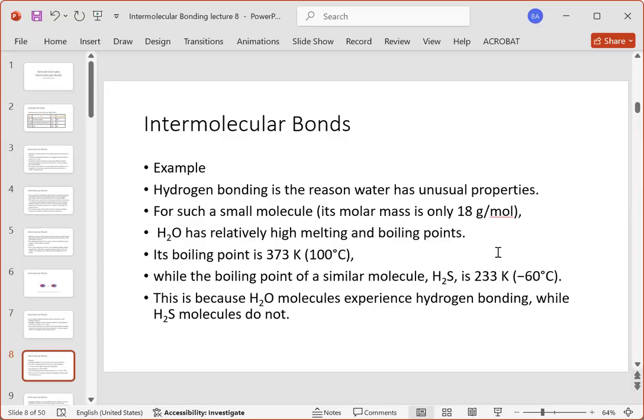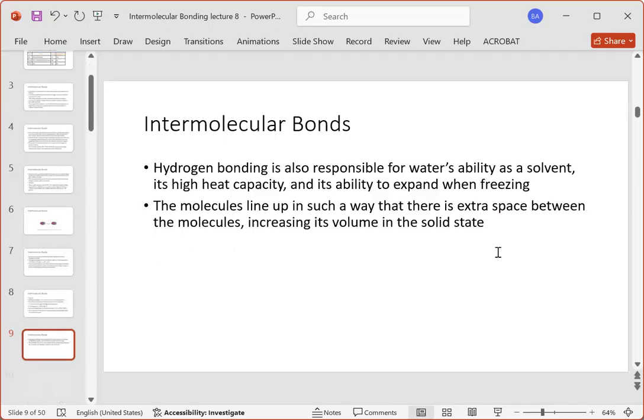Its boiling point is 100 degrees Celsius, while the boiling point of a similar molecule, H2S, is what? About minus 60, because of the hydrogen bond in H2O. This is because H2O molecules exhibit hydrogen bonding, while H2S molecules do not.